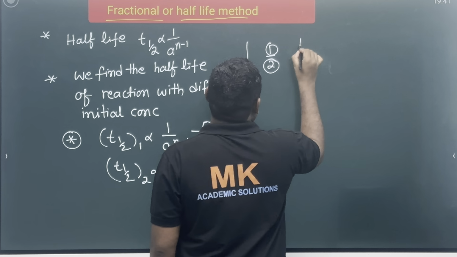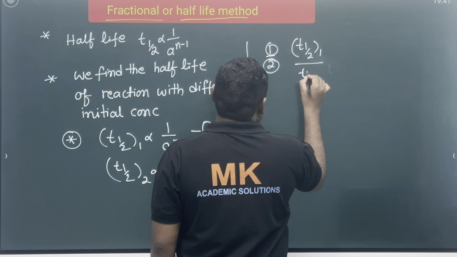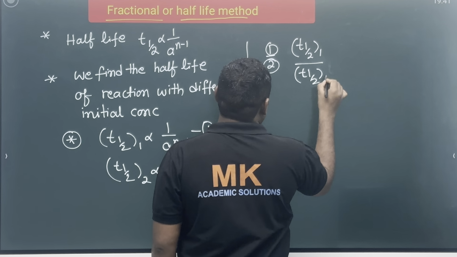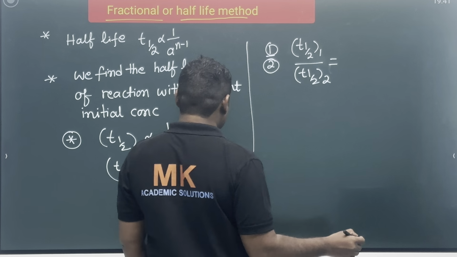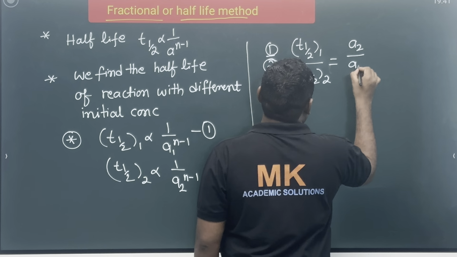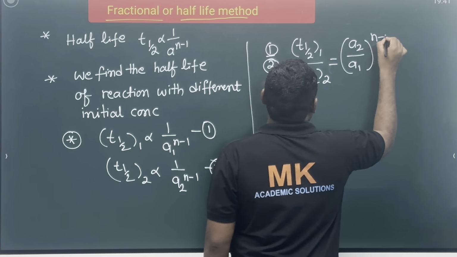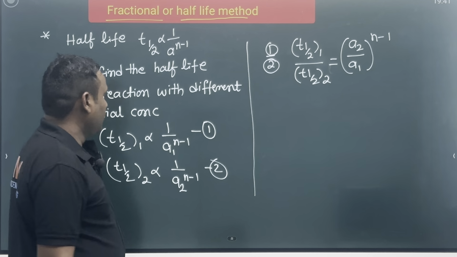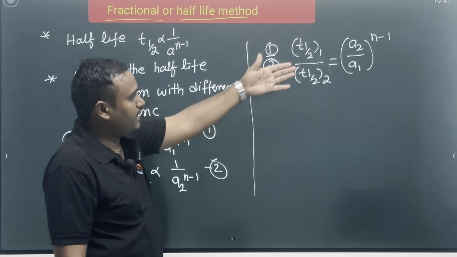So t half 1 by t half 2 is equal to a2 by a1 whole power n minus 1. Like that you will get. Here, since they are in the reciprocal, this was in the denominator, so I am changing it directly here.